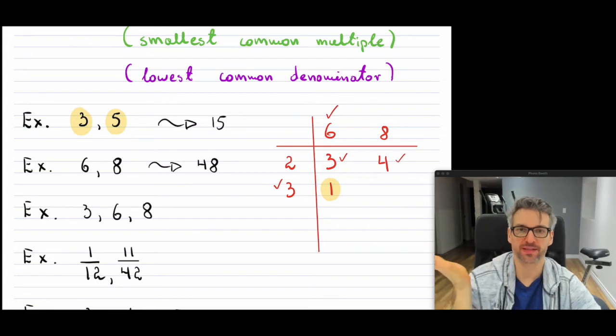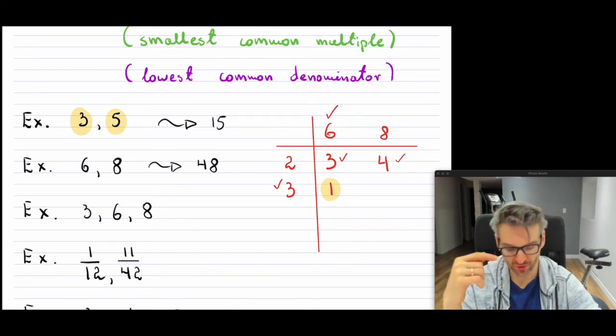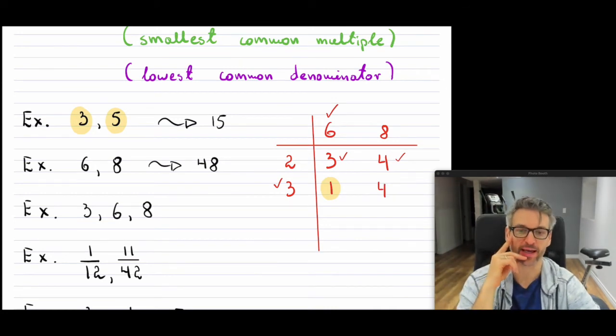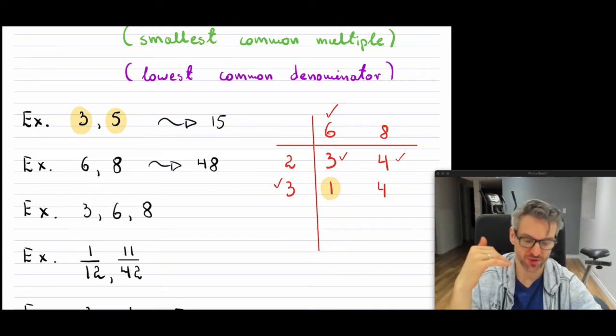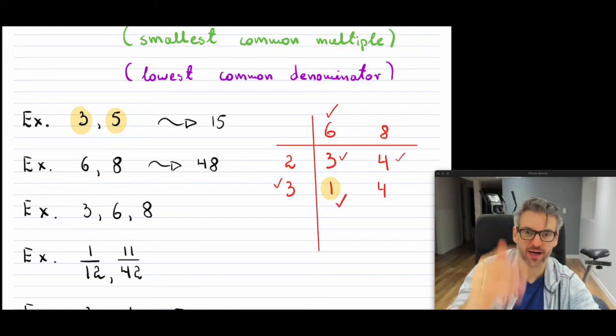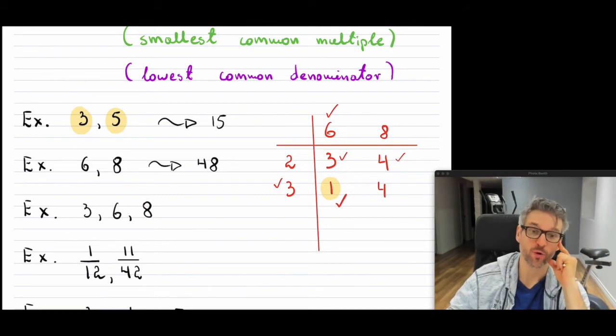So 3 is not a factor of 4 at all, right? So here, we would just simply rewrite the number again. And then, since we finished this particular column entirely, we just move over to the next one because we have a 4.